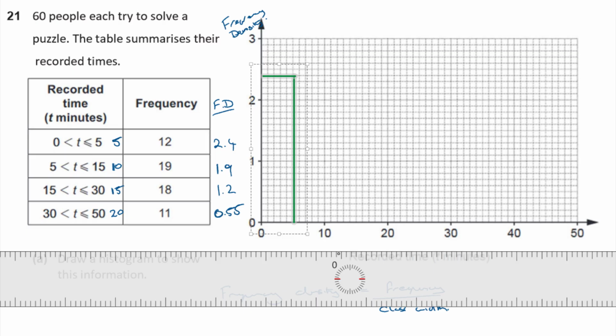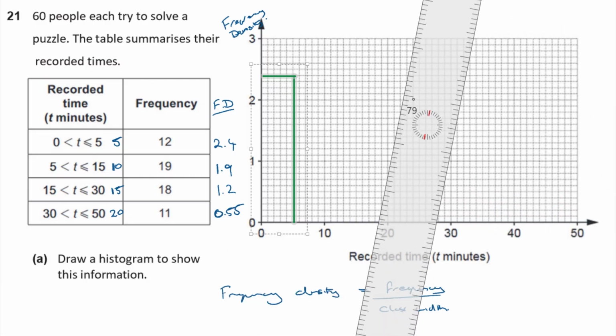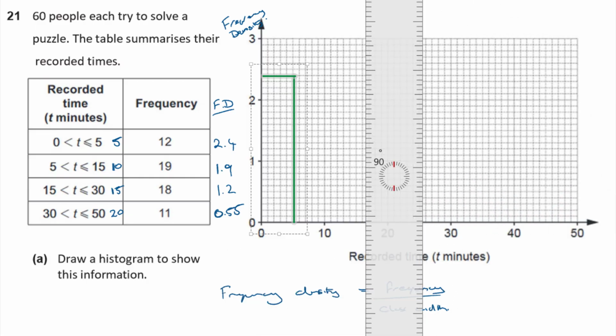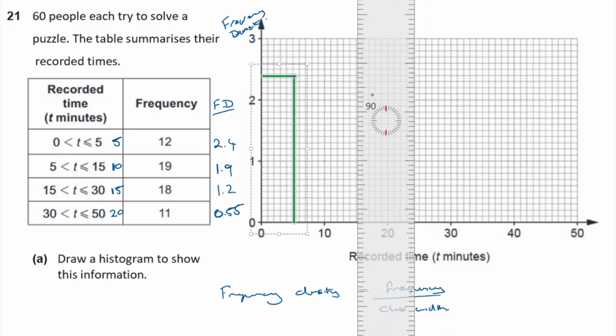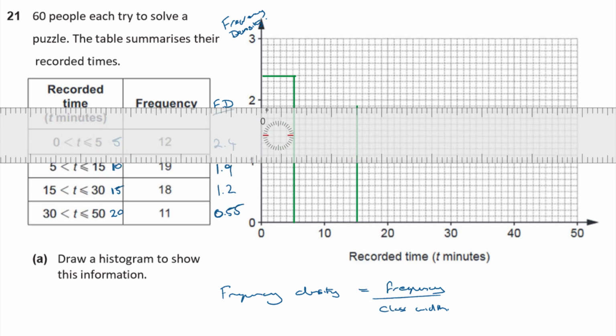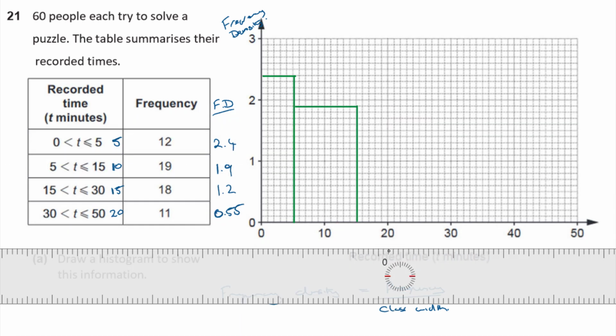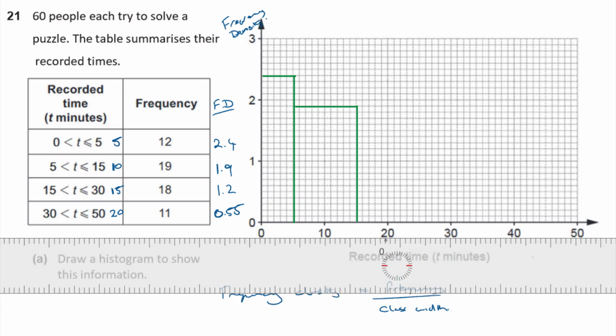Okay, next one goes from 5 to 15 and it has a height of 1.9. So from 15 would be to there, then we're in at 1.9 here. Okay, and then 15 to 30 has a height of 1.2.